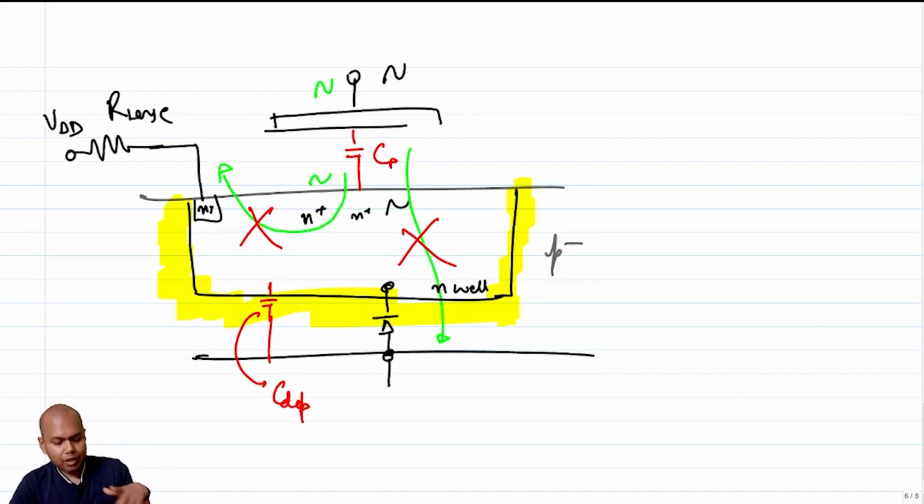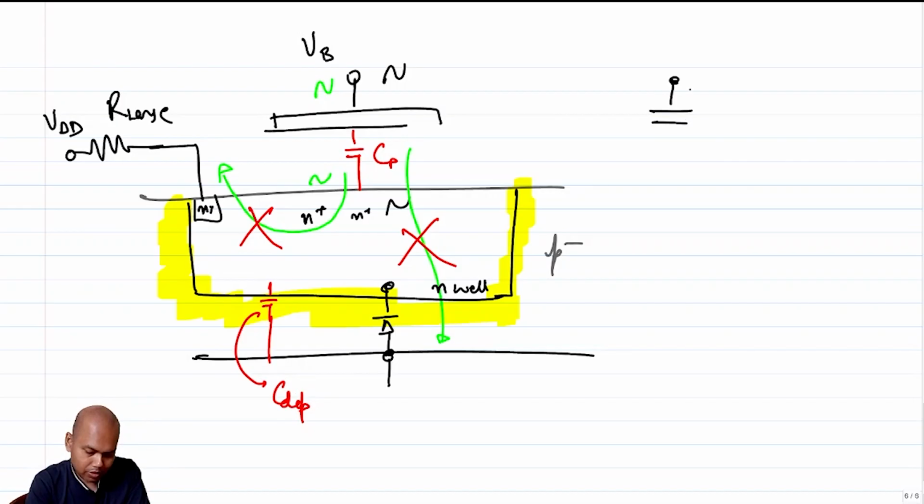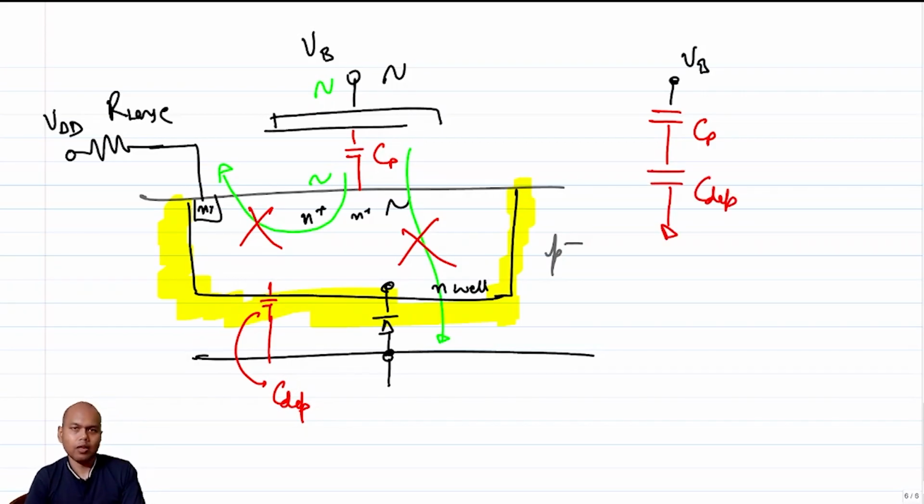Now, depending upon how big the well is, your depletion capacitance can be big or small, right? So effectively now, instead of having CP to ground, if I call this node VB, the model becomes VB to CP to C depth to ground, right?